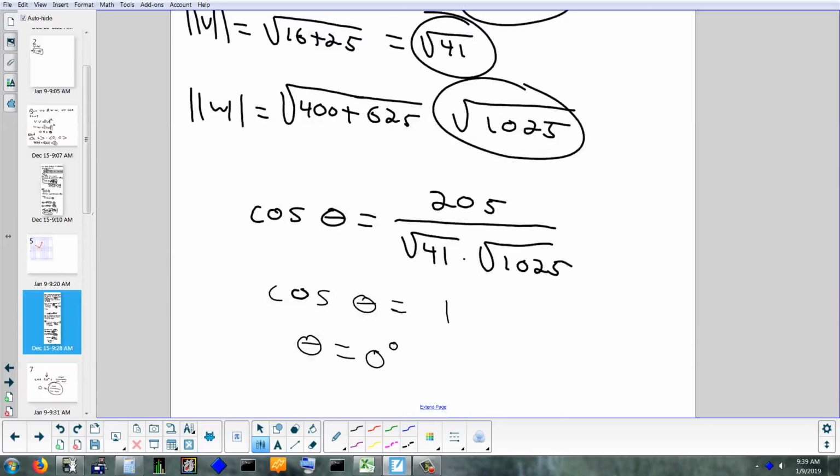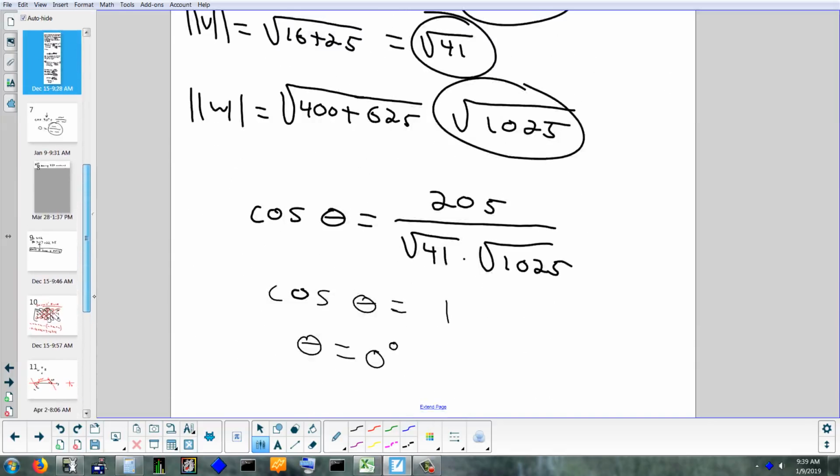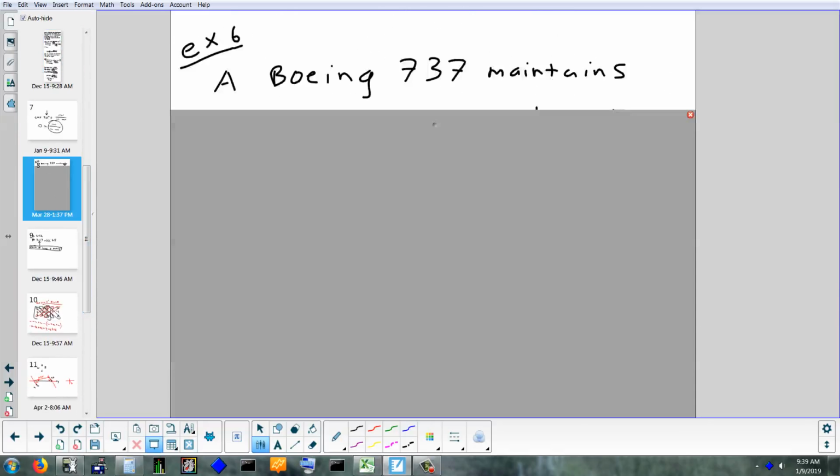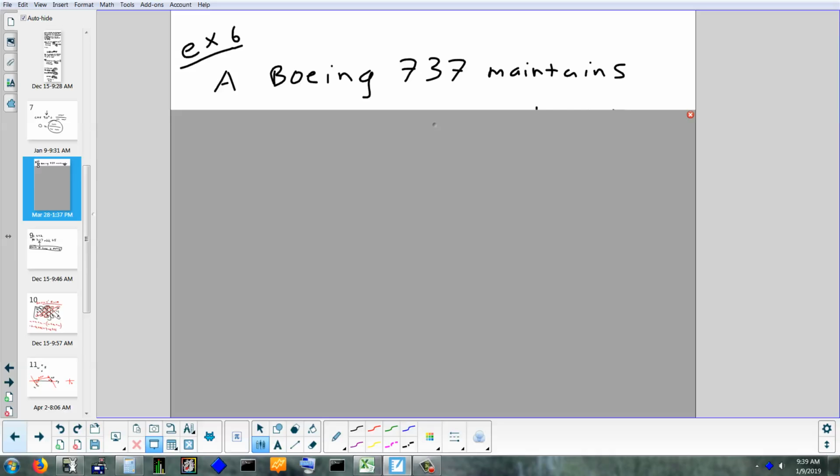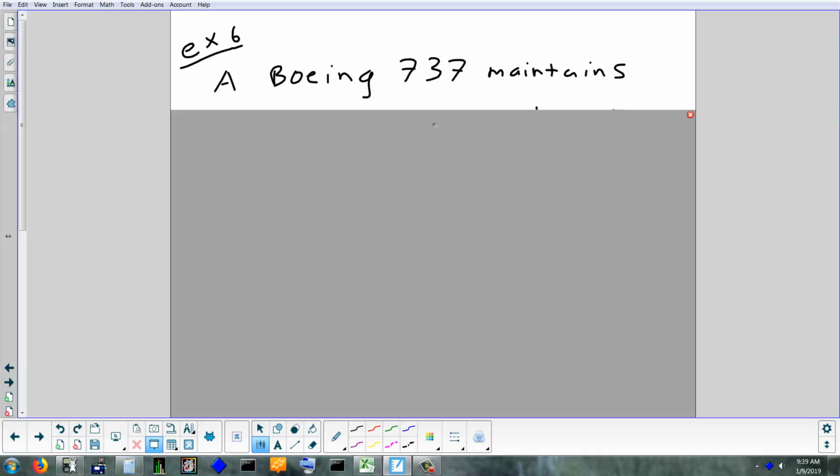All right. So last thing we're going to look at is the word problem. An anomaly. All right. So this problem, just to kind of set it up, is going to be about a plane flying, and there's going to be a wind. And I basically want to know what the effect of the wind is going to be on the plane. There's two things that it would affect. The wind could speed the plane up or slow it down.